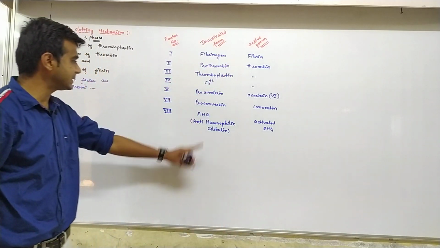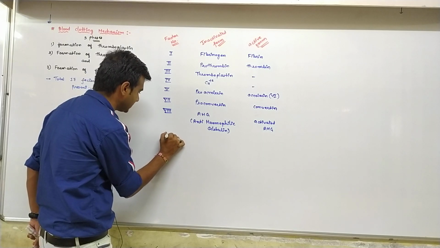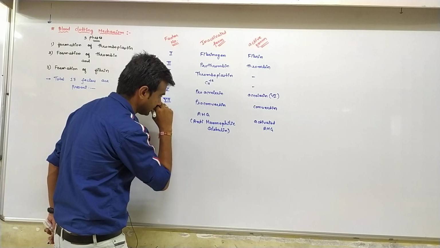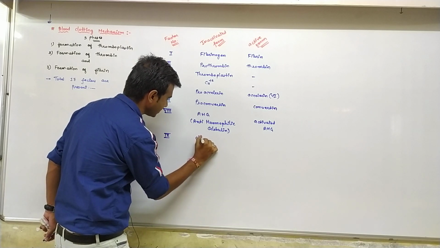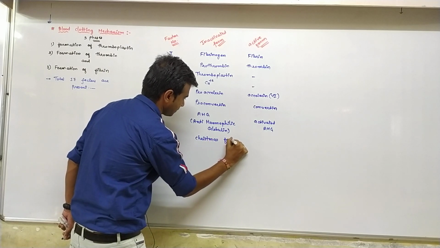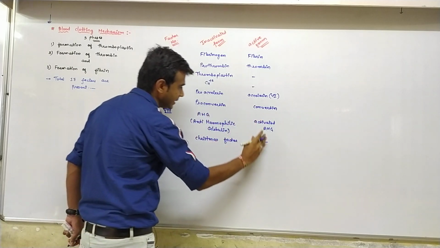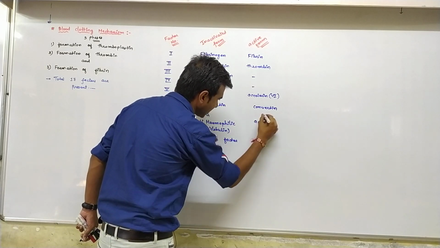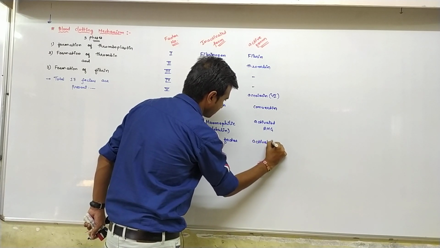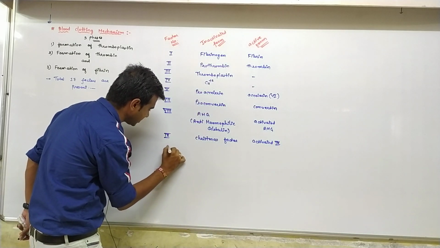So the eighth factor is anti-hemophilic globulin. Ninth factor, Christmas factor. Activated Christmas factor. So here you write that activated 9. Now onwards, the tenth factor is Stewart factor.